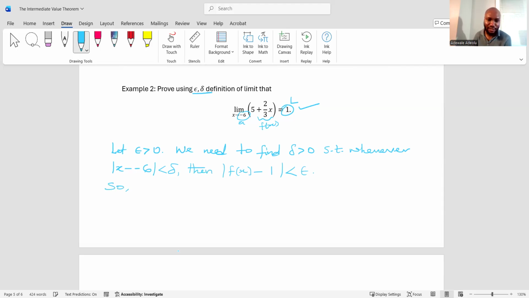So let us find that delta. So from |f(x) - 1| less than epsilon, that implies that our f of x is |5 + (2/3)x - 1| less than epsilon. That implies that |(2/3)x + 4| is less than epsilon.